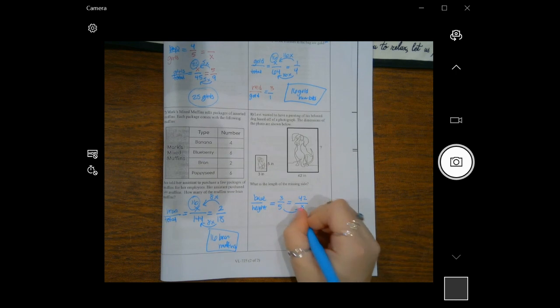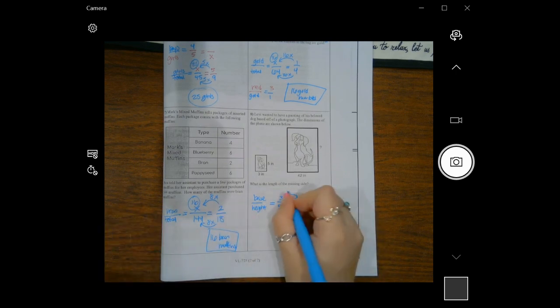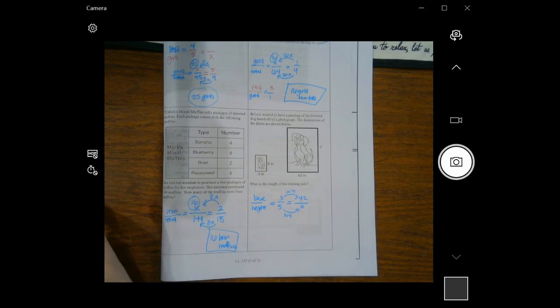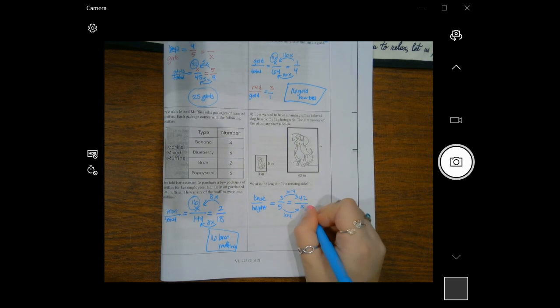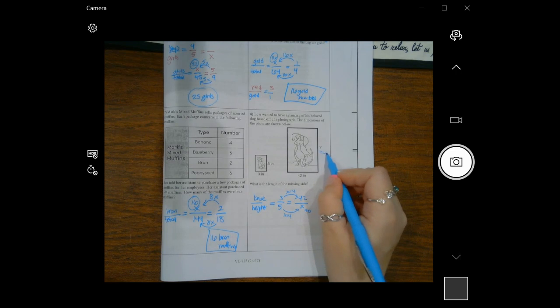So go towards the direction of the unknown. So go that way. 3 times what is 42? That would be 14. So then do 5 times 14, and you get 70, which means if you want the base to be 42, in order to keep the dimensions the same and not have it be distorted, your height needs to be 70 inches.